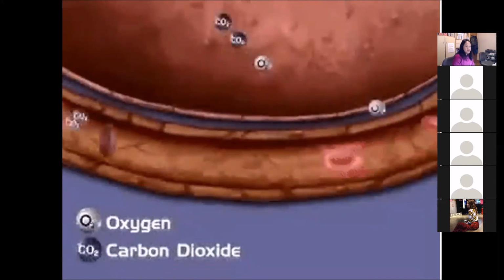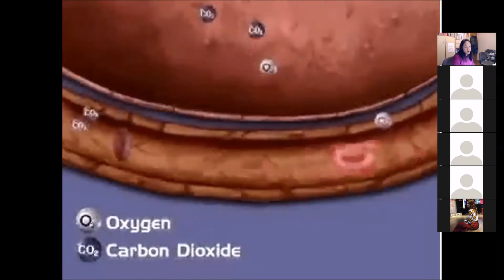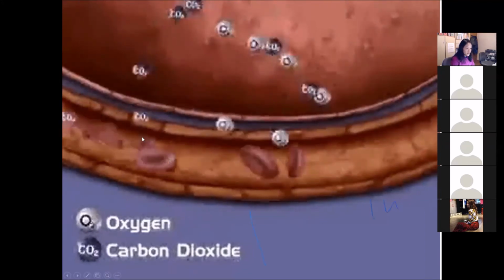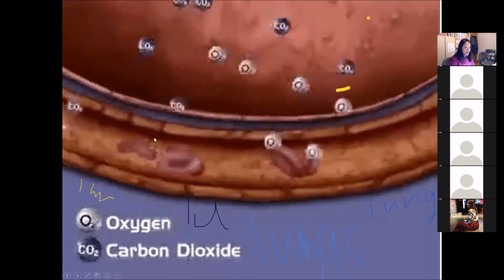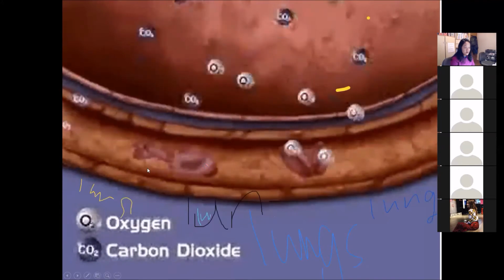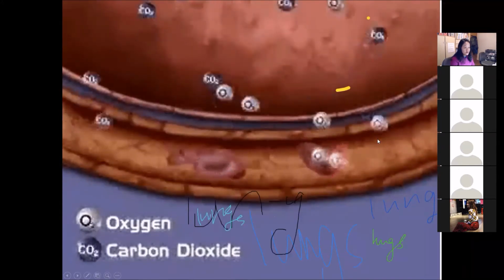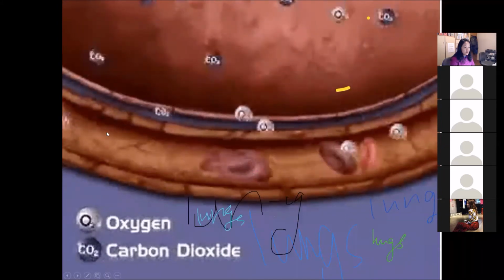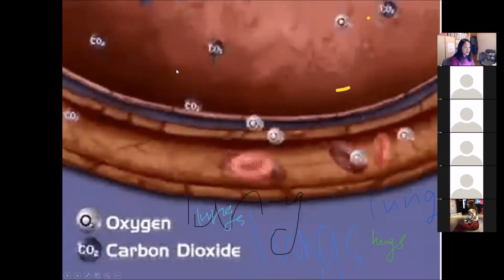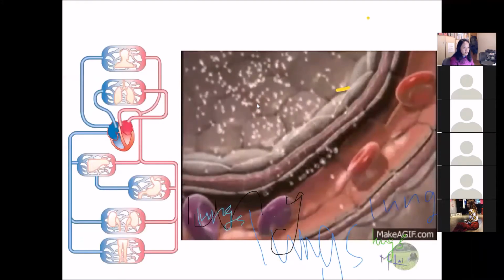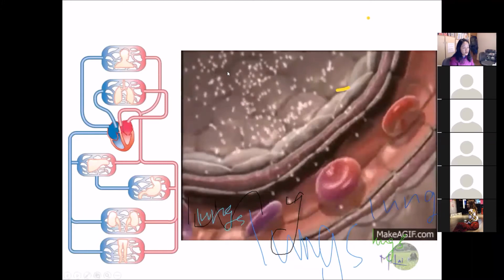By looking at this animation, can you tell me which part of the body has this exchange? The blood vessels, the capillaries, pass through certain organs, and then they get oxygen. The red blood cell turns from purplish red to bright red after taking in oxygen, and then carbon dioxide is also released. Yeah, so this is the lungs or the air sac. So this part is the lungs.